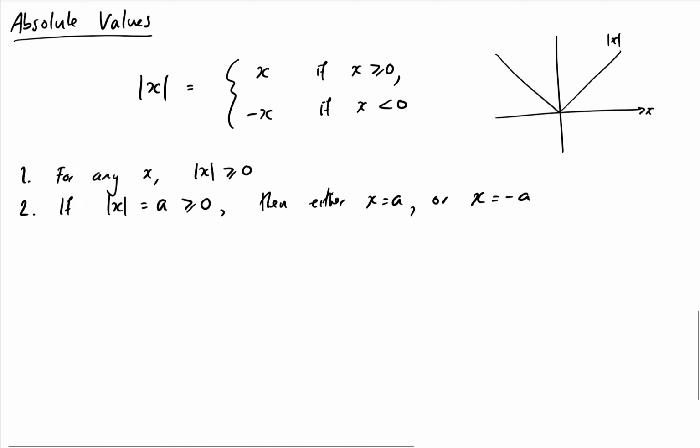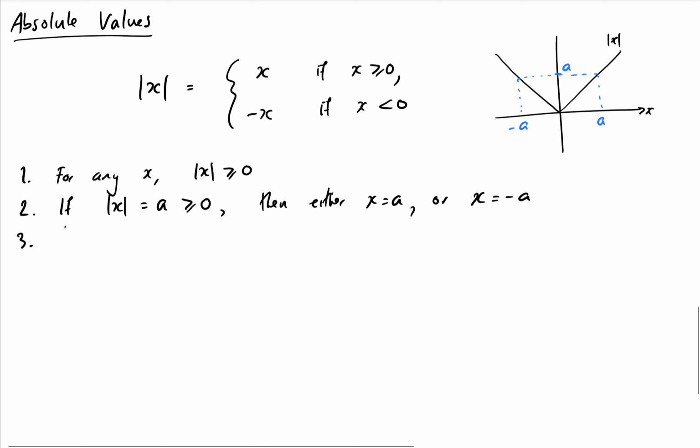Okay, so in pictures, if I have a value a here, then there are two possible values of x. There is a over here, and there is negative a over there. So whenever we've got an absolute value statement in an equation or an inequality, we need to break it up into two pieces and look at both possibilities.